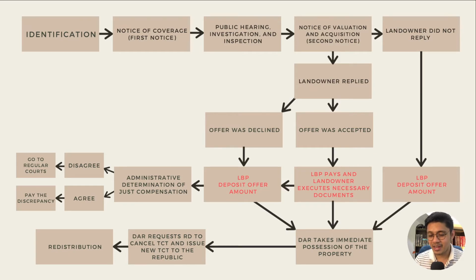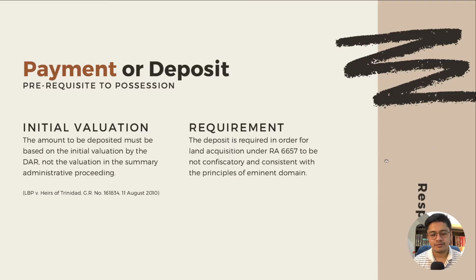Because as we have learned, the Land Bank of the Philippines is the identified and designated financial intermediary of the government in the implementation of agrarian reform. All right? Now, it's important that in these phases, there is money or an amount to be deposited or to be paid. All right?